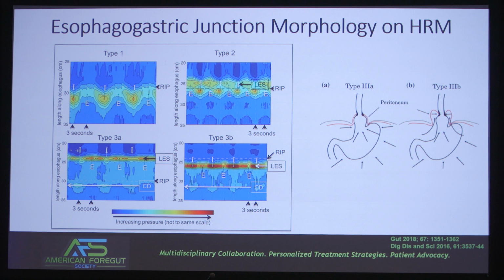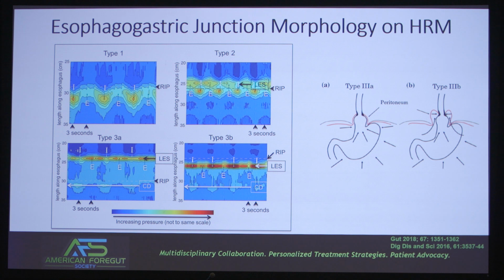Then, based on where the respiratory inversion point is, you are differentiated into type 3A or type 3B. In type 3A, the RIP is at the crural diaphragm, and these patients have high reflux. If your inversion pressure is at the LES, these patients don't have that much reflux.